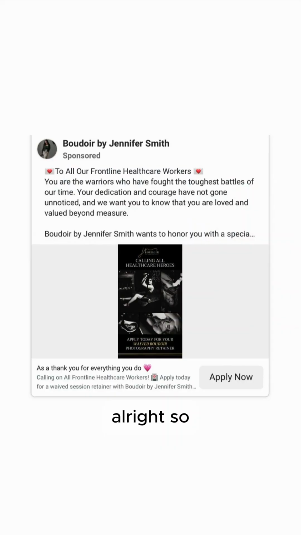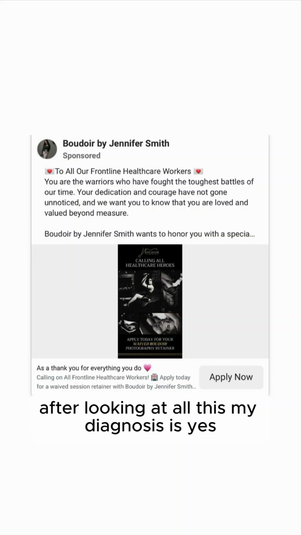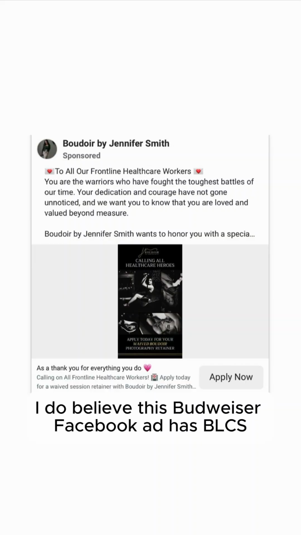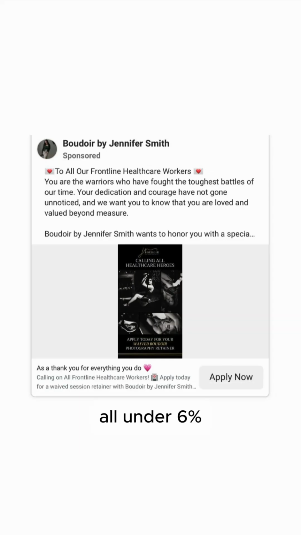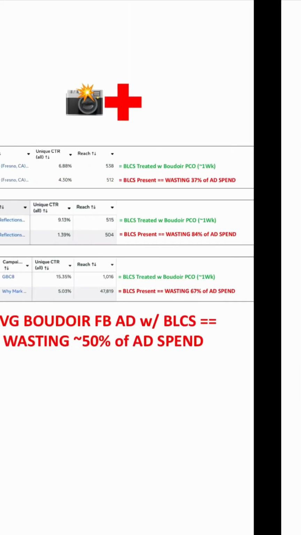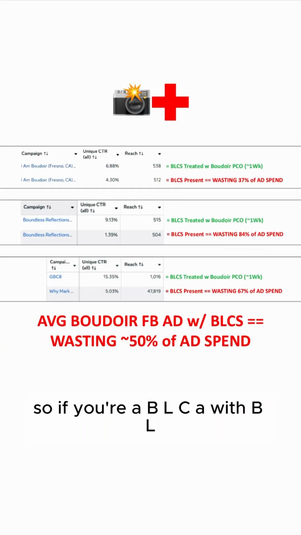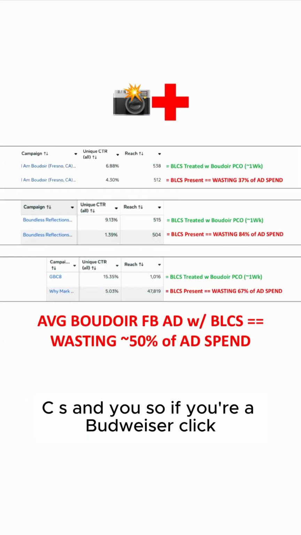All right, so after looking at all this, my diagnosis is yes, I do believe this Boudoir Facebook ad has BLCS, aka Boudoir low click syndrome, with a unique CTR under 6%.